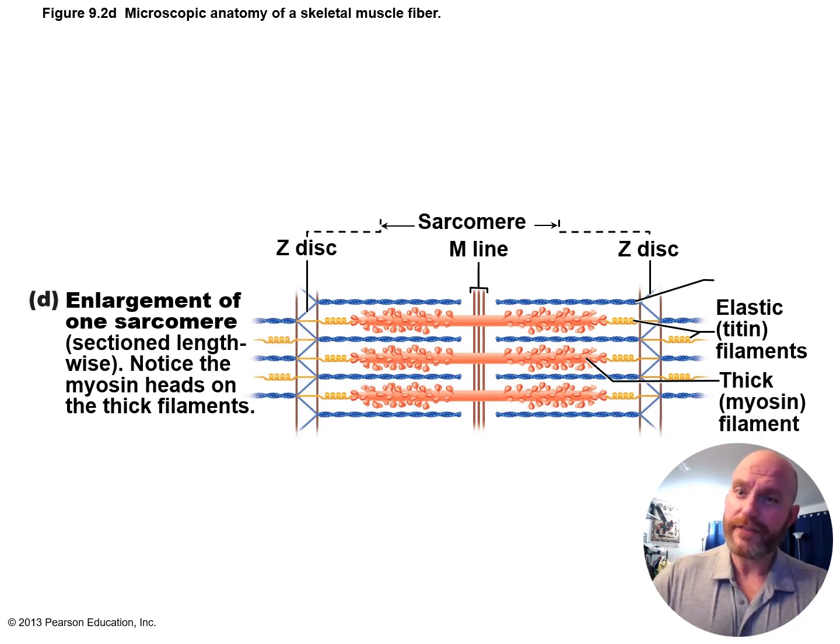Next, we have the thick filaments, or the myosin filaments. The thick filaments run the entire length of an A band. The thin filaments run the length of the I band and partway into the A band.